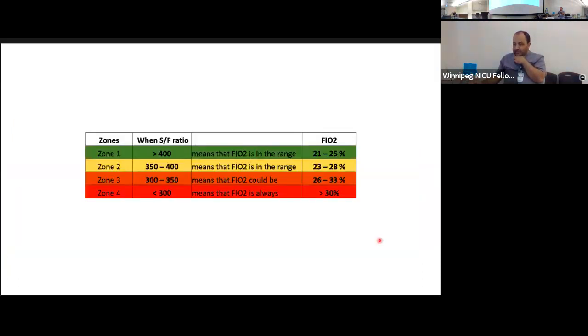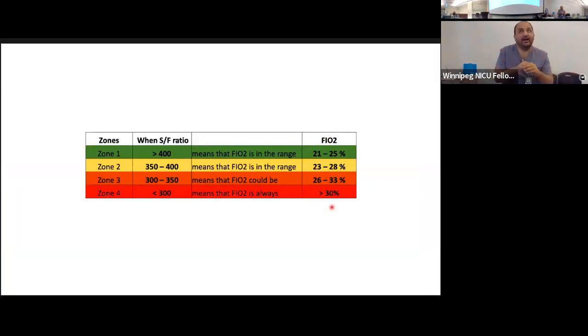In other words, this SF ratio can give me 4 zones. Benign zone above 400, which usually can accept the FiO2 21 to 25%. Zone 2, with FiO2 correlating to it being 23 to 28. And then zone 3 and zone 4.